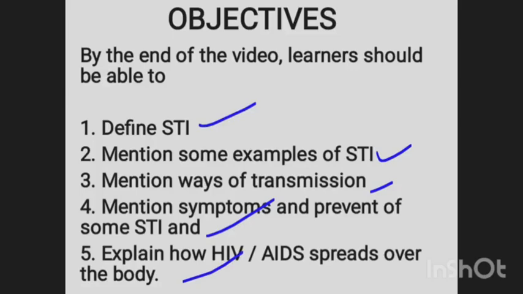So these are the objectives every learner should be able to give back after this video. When you watch this video, these are the objectives you need to give back to your teacher after this class.